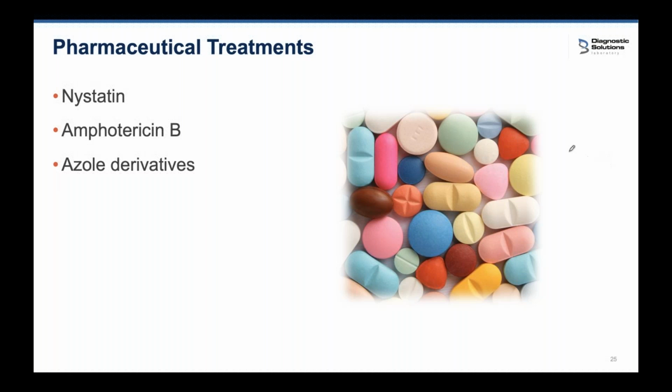And so we're seeing more efficacy with the nystatin and the amphotericin B, a little bit less with the azoles, although they're still very popular, still very effective. Things to know is that the nystatin and amphotericin B do have pretty decent anti-biofilm activity. In practice, I would probably still introduce more biofilm disruption, but you can see a little bit with these pharmaceuticals.